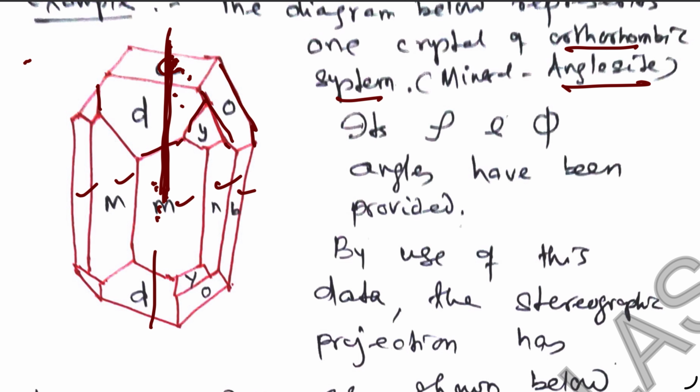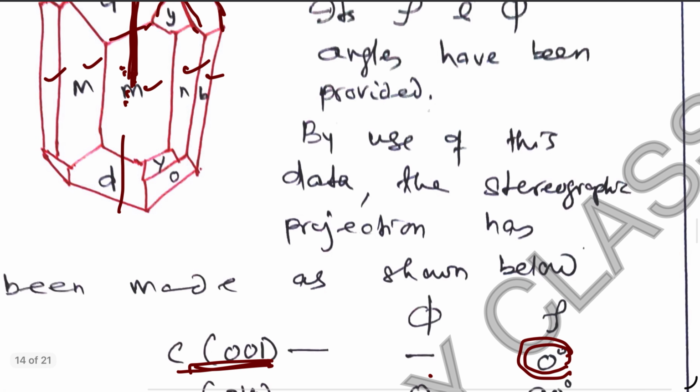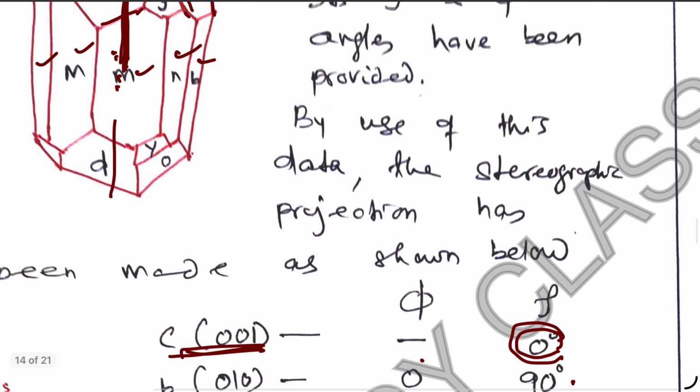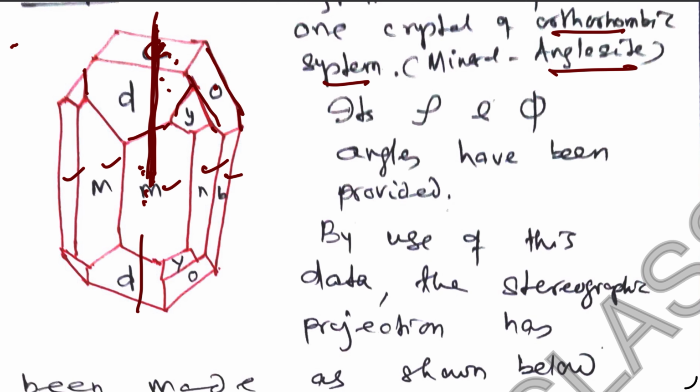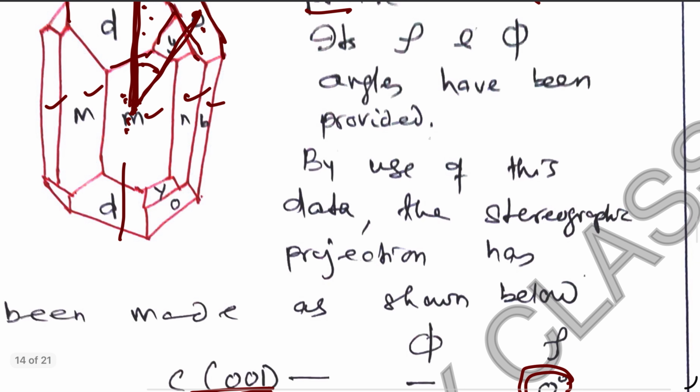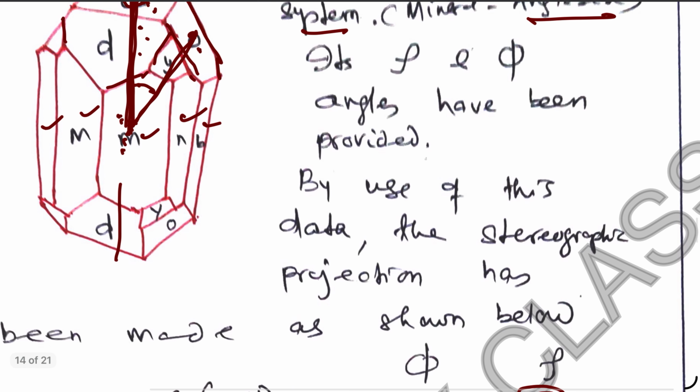It makes 0 angle. That's why rho is 0. This face makes a certain angle. Here is the pole of the face, joined to the center, so this angle becomes the rho. So for this face, we have the rho.